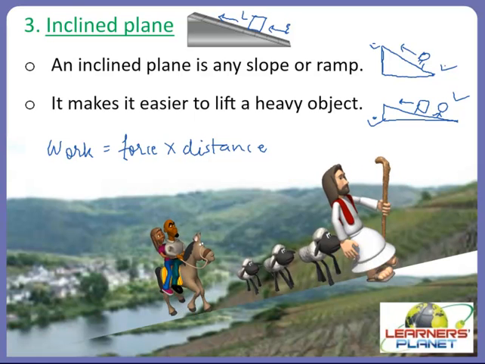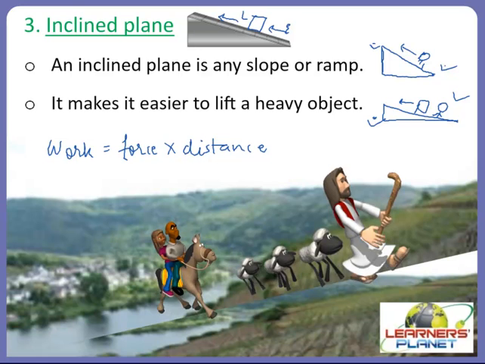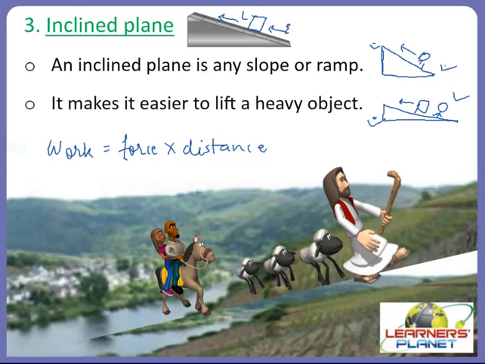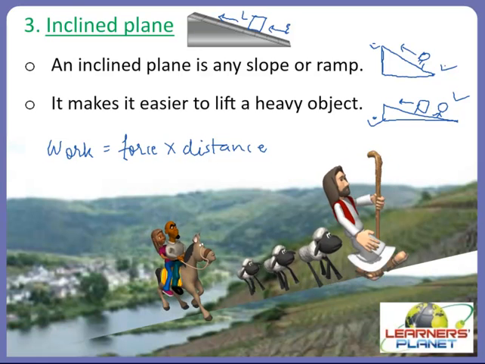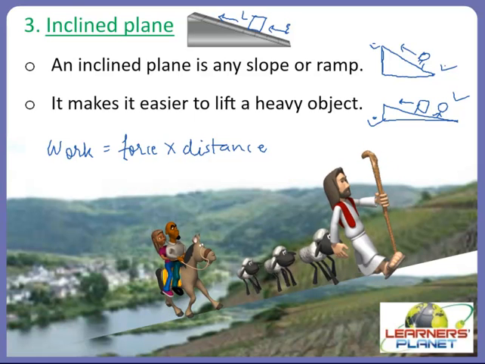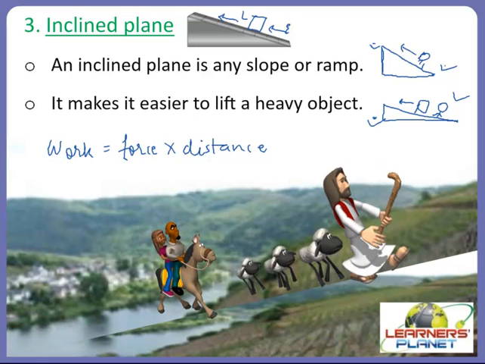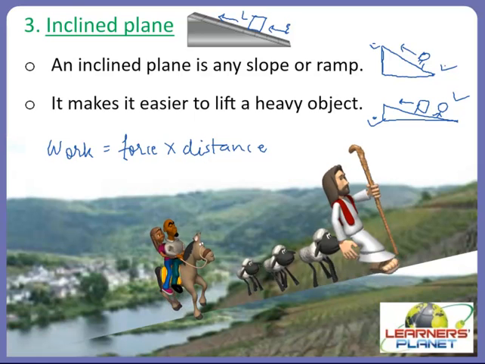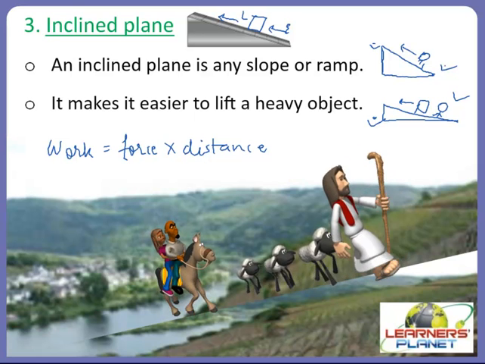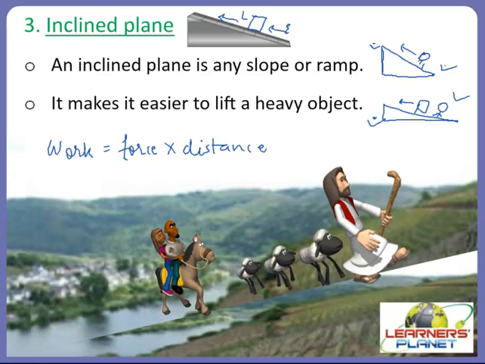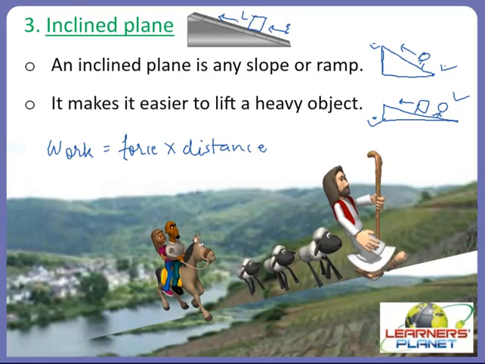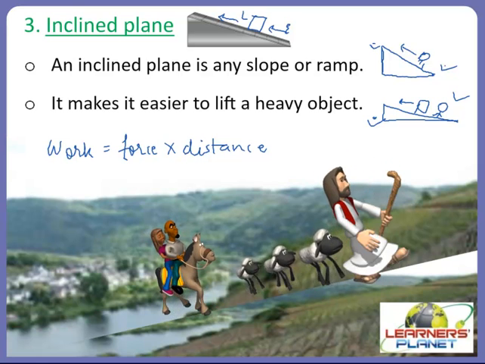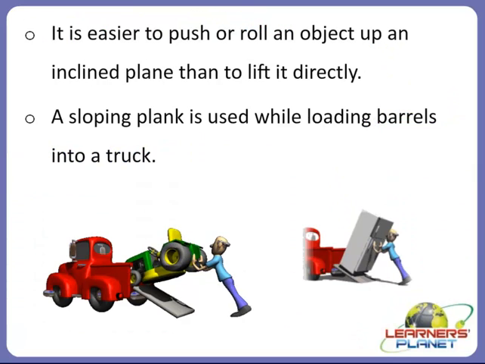Even the first staircases were a kind of inclined plane, because stairs make it easier to go up, right? The first staircases were built by those people in Old Kingdom Egypt about 2500 BC.